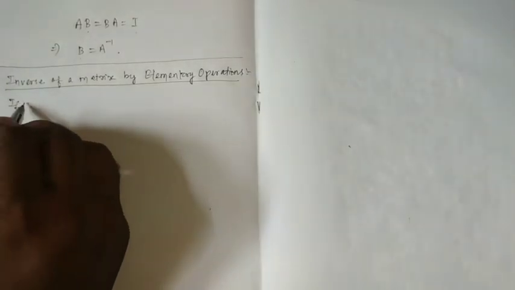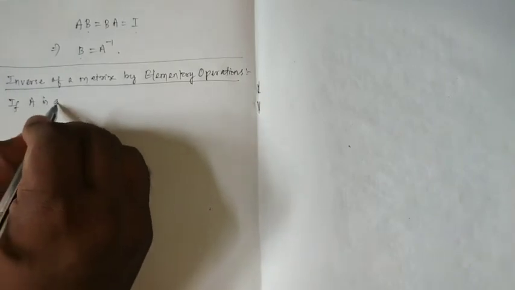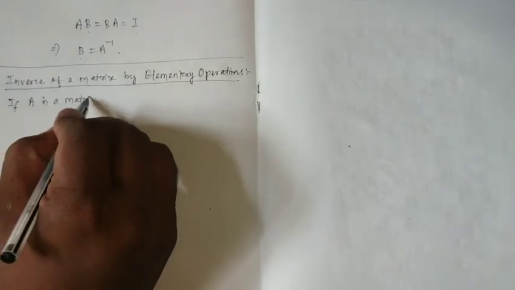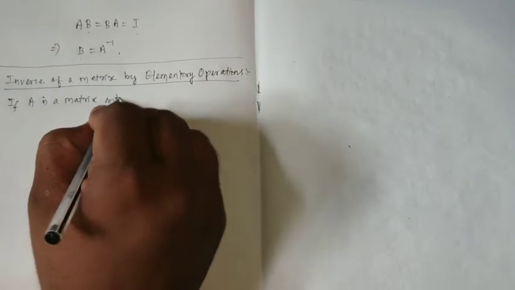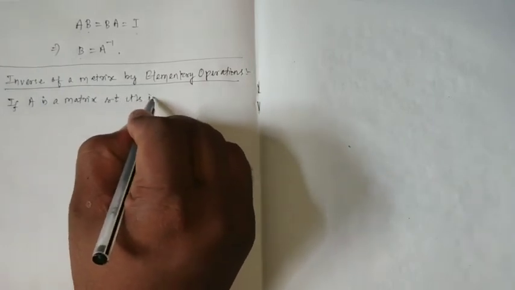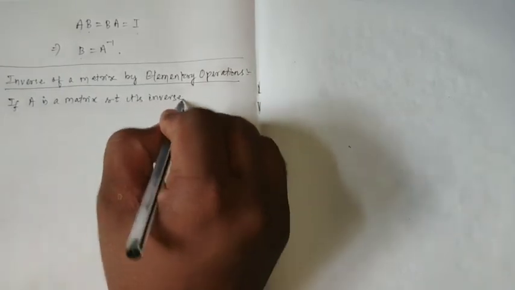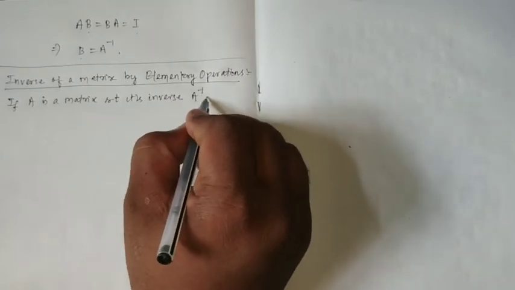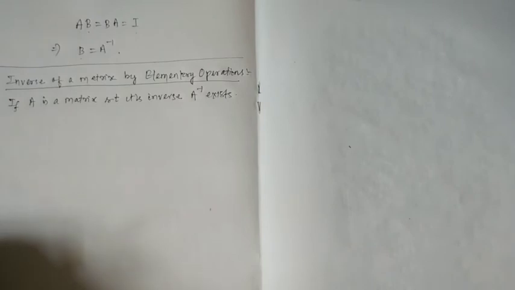Let A be a matrix such that its inverse A inverse exists, that means A is an invertible matrix.